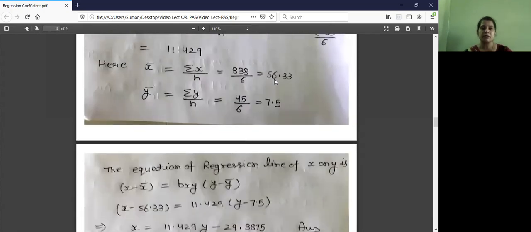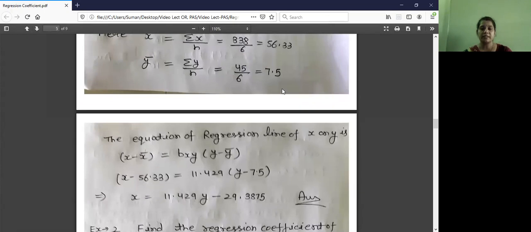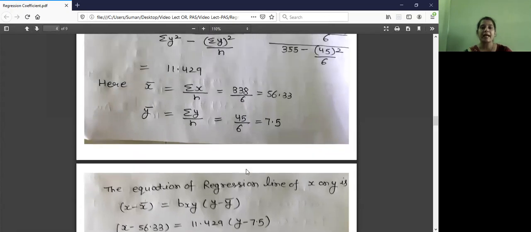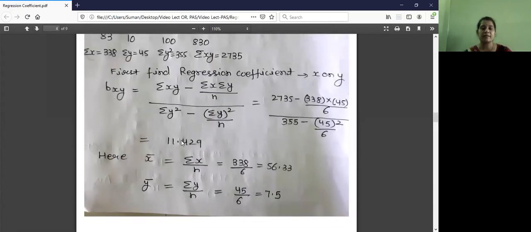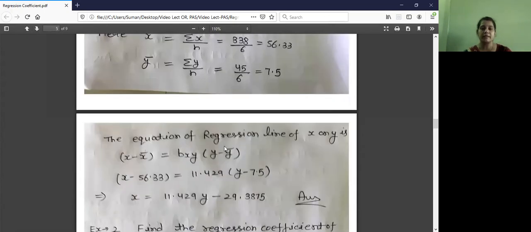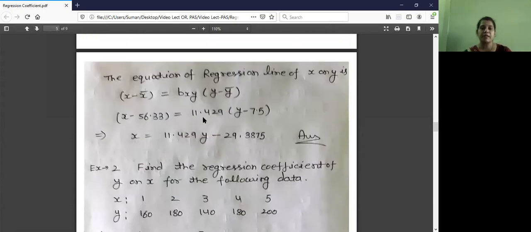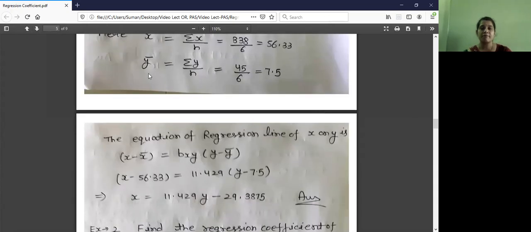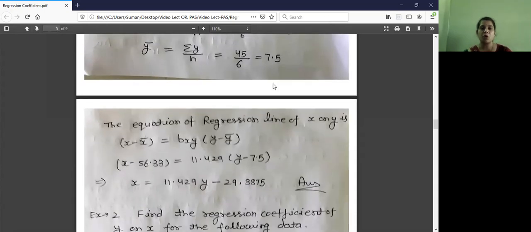X bar is equal to 56.33. So we write here 56.33 is equal to bxy. Bxy what? 11.429. So we write here 11.429 and in the bracket y minus y bar. So the value of y bar is 7.5.